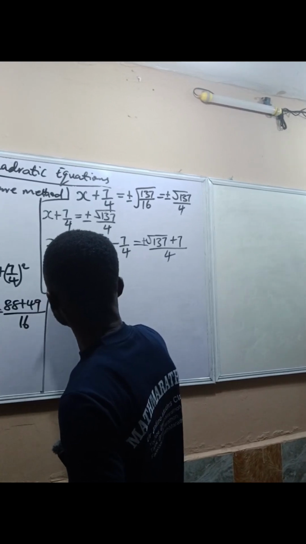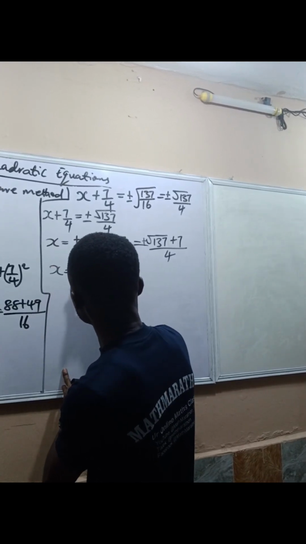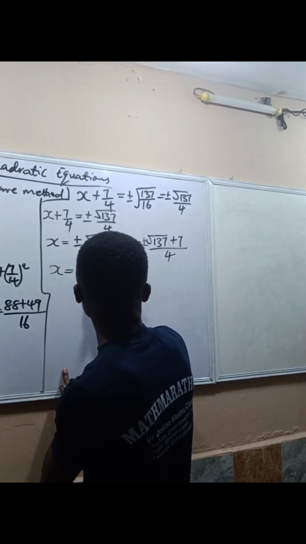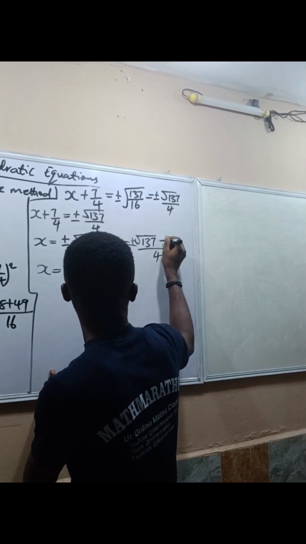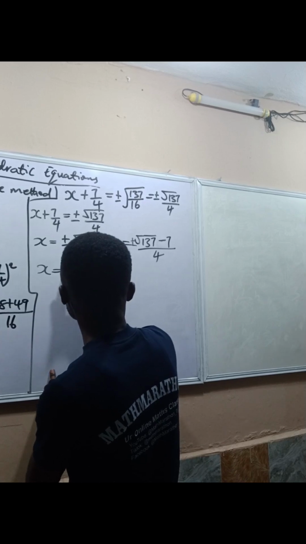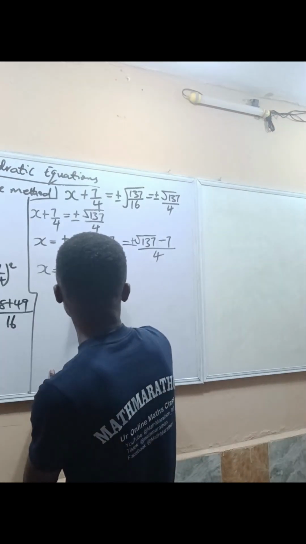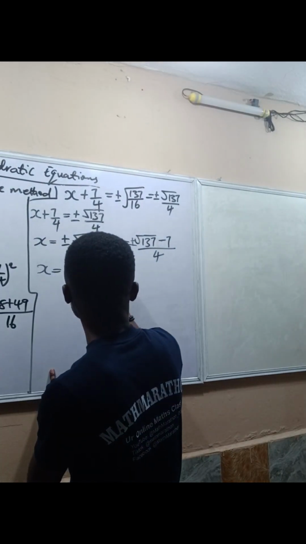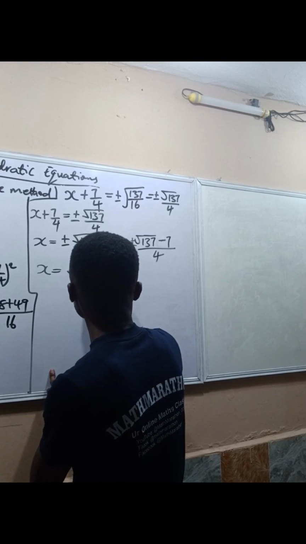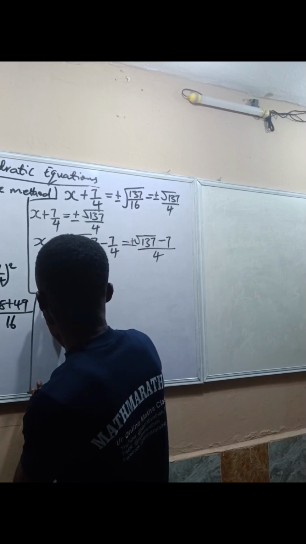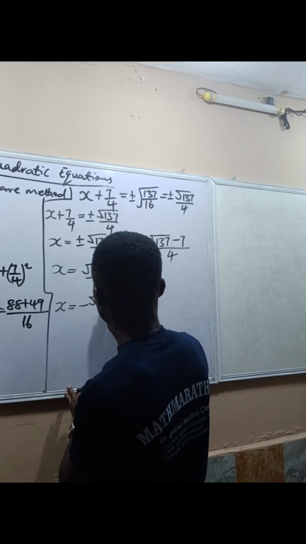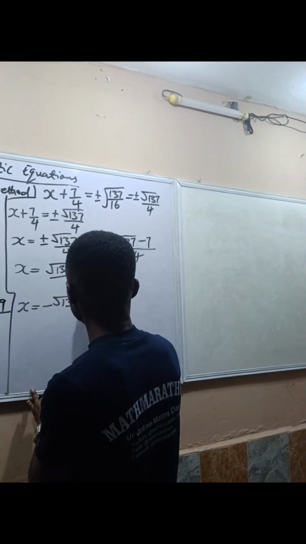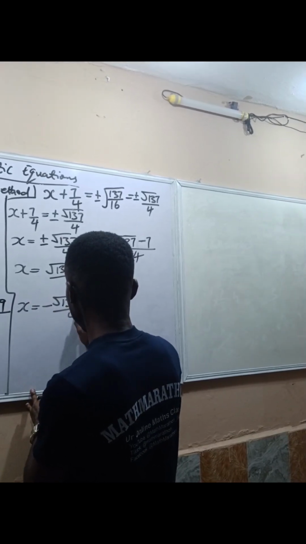Now x will be equal to, so either it is plus, so this is minus, is plus square root of 137 minus 7 all over 4, or x is equal to minus square root of 137 minus 7 all over 4.